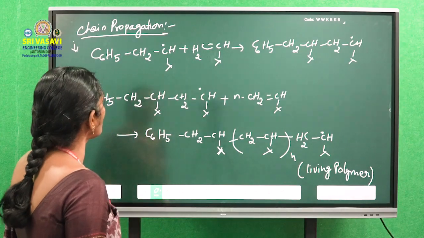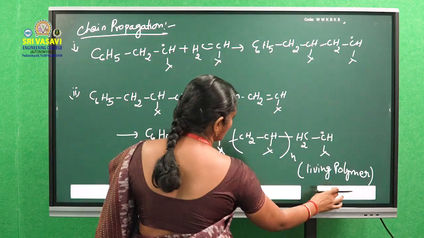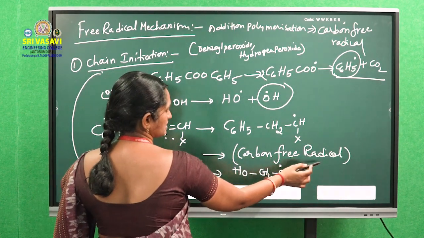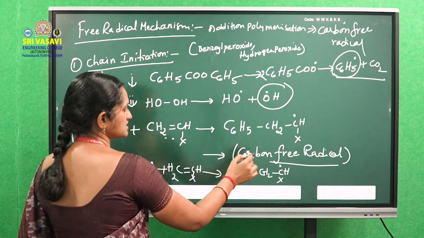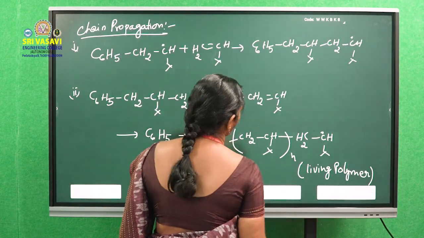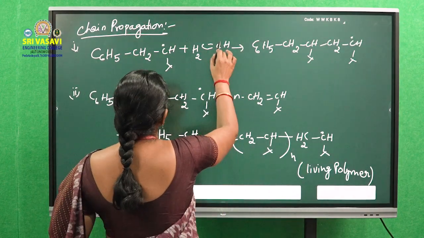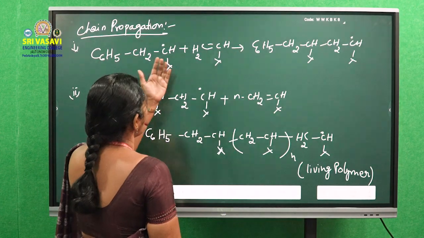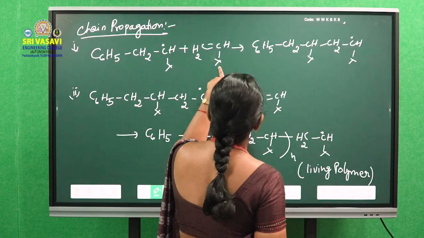Next, what is chain propagation? In chain propagation, the carbon free radical formed in the first step initiates another monomer. I have taken another monomer. Similarly, homolytic fission takes place, and there is a chance to add on this side because there is a substituent here.